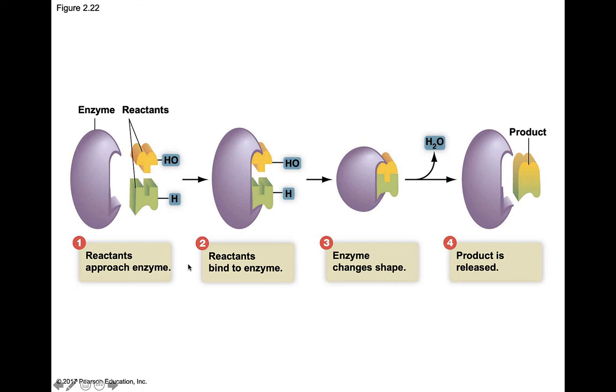Now, this model is known as the induced fit model. Now, notice it's not a perfect fit between the reactants, and also notice what happens as the reactants interact with the protein. The enzyme basically changes its shape or conformation and allows the reaction to take place, and the product is released. So enzymes are a very important class of proteins that allow chemical reactions to take place within the human body.